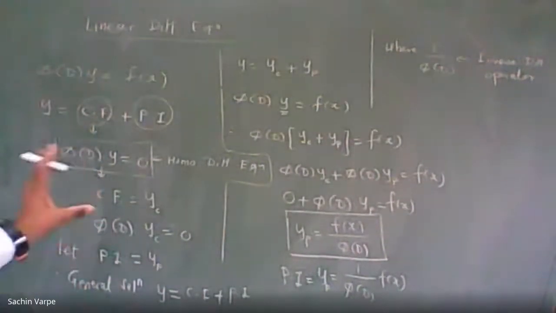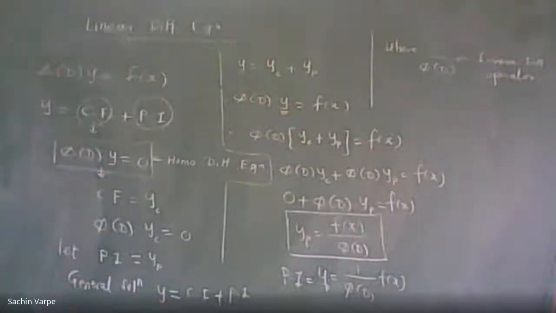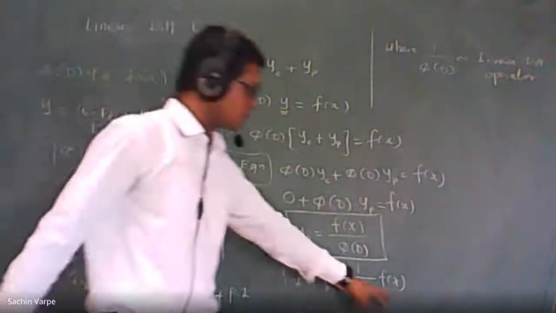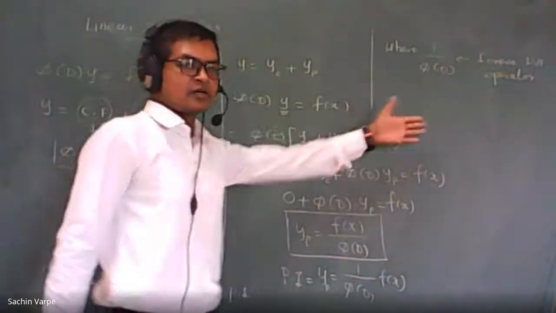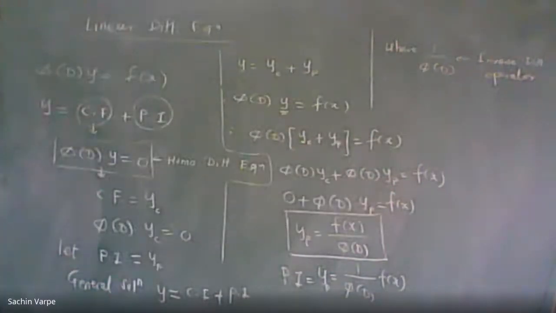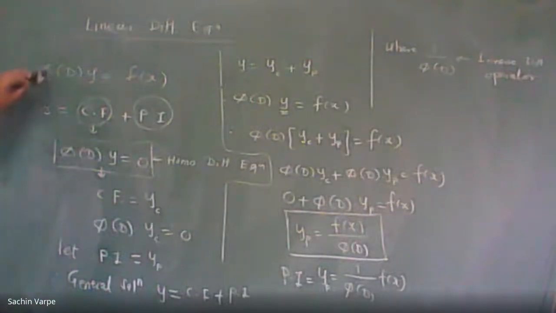Is the board clearly visible? If not, please let me know. Okay. So the formula of particular integral is 1 upon phi of D into f of x, where 1 upon phi of D is an inverse differential operator, or it is called an integral operator. Okay. So let us proceed with the formula of particular integral.